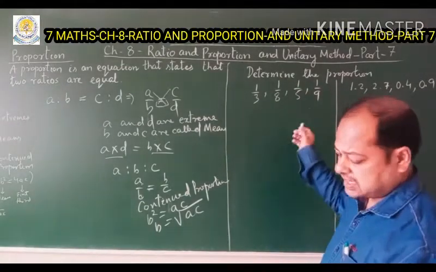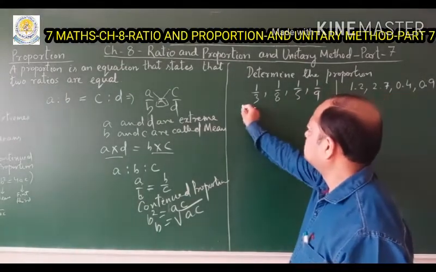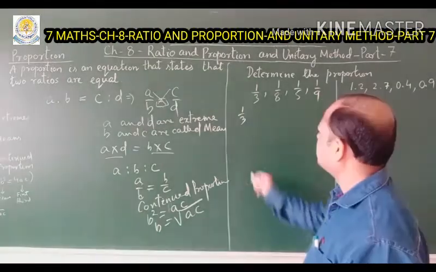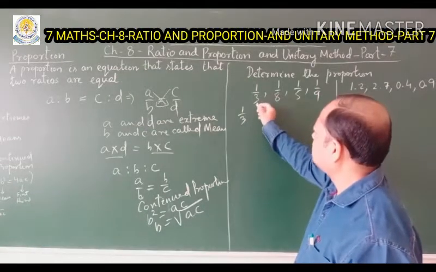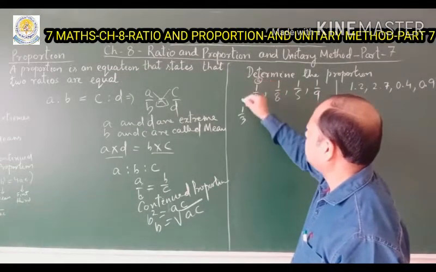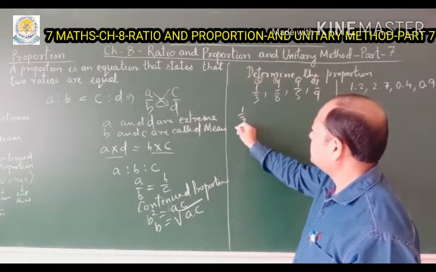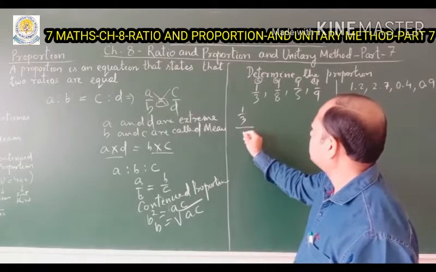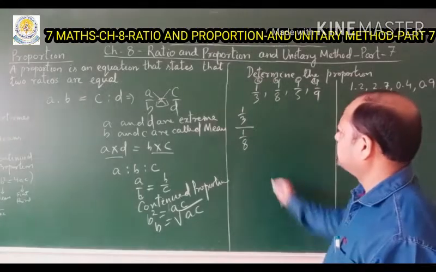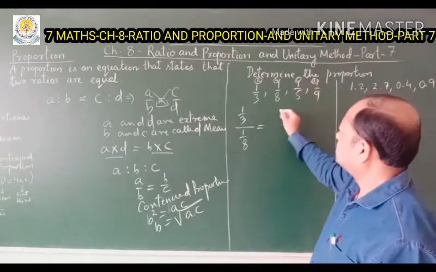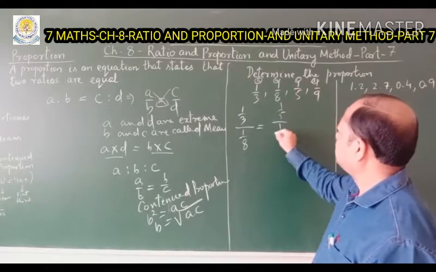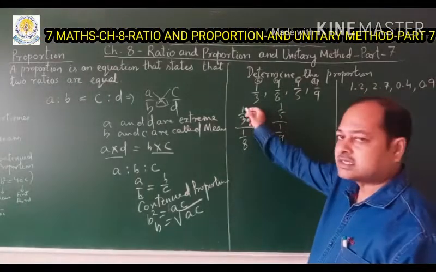If you write this in ratio form, this is A, this is B, this is C, this is D. So A by B, 1 upon 3 by 1 upon 8, equal to the third term 1 upon 5 by 1 upon 9. So what will the result be?